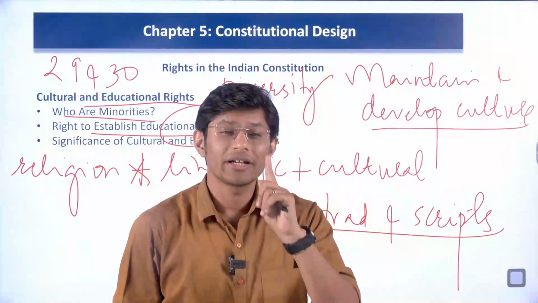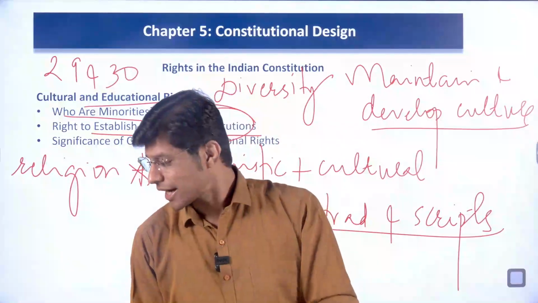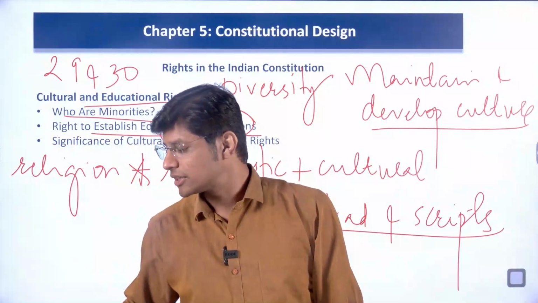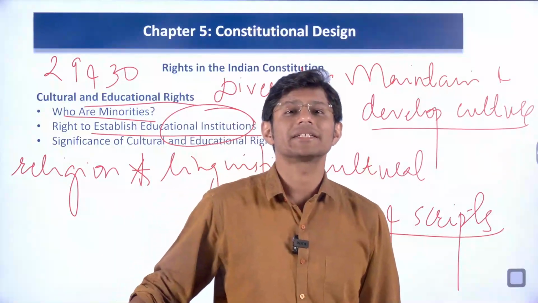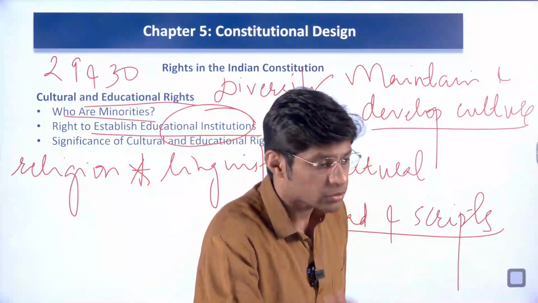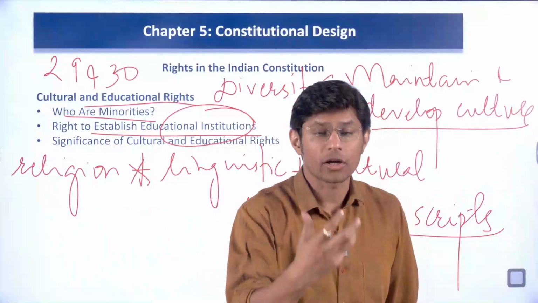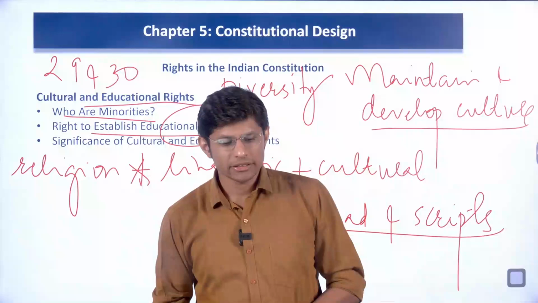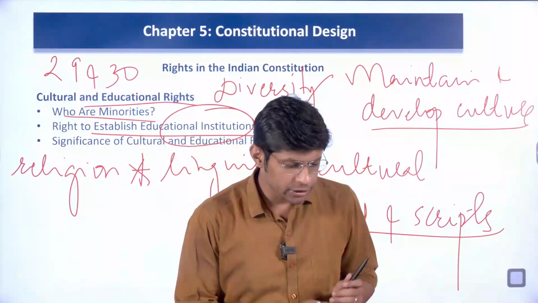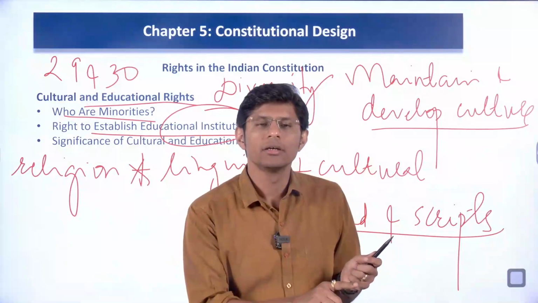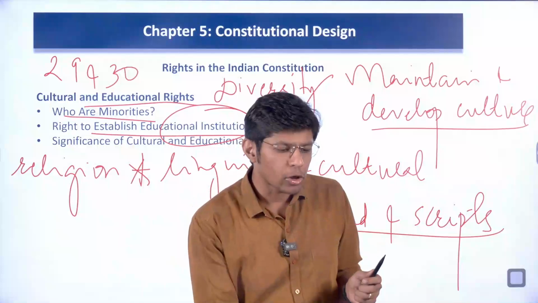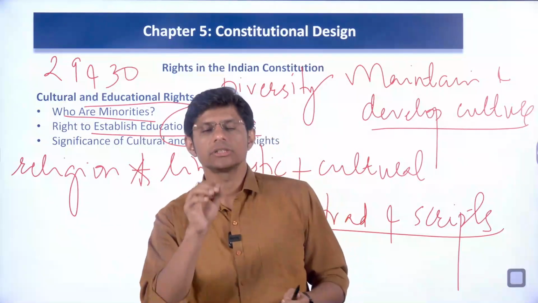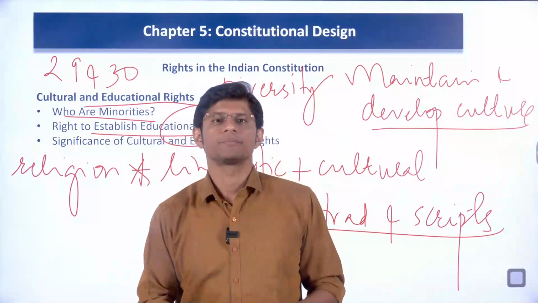Again, the government cannot discriminate against any minority run institutions when they are providing aid or recognition, which means the government has to ensure that they are respecting and treating all the minority educational institutions in a similar manner.